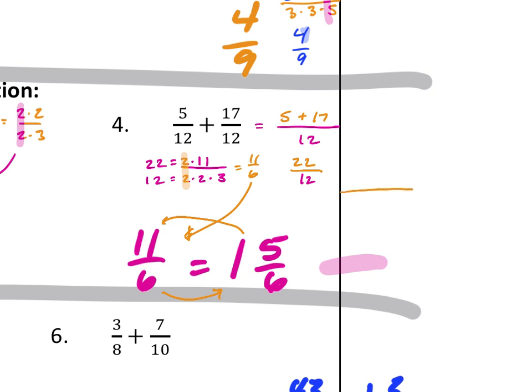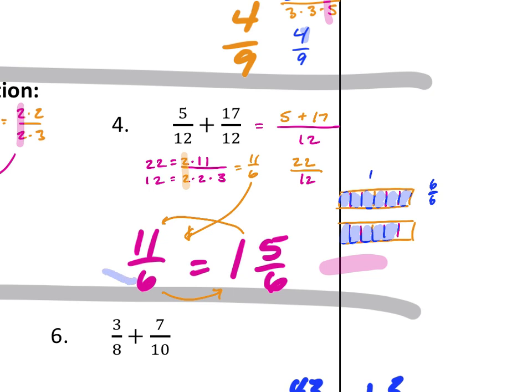If you had a whole, and that whole had 6 equal sized pieces, and you filled in, this really should be review, but if this is 6 sixths or 1, it's also called 1, but it's also 6 sixths, then 11 sixths means we fill in 11 of these: 1 2 3 4 5 6 7 8 9 10 11. That's what 11 sixths represents, where it takes 6 to make a whole.